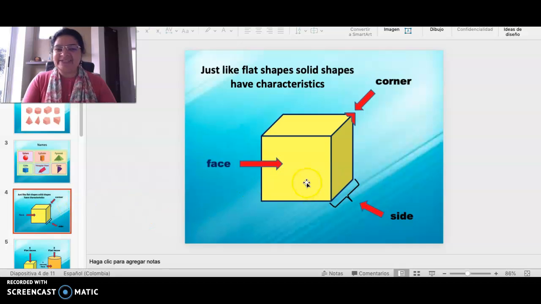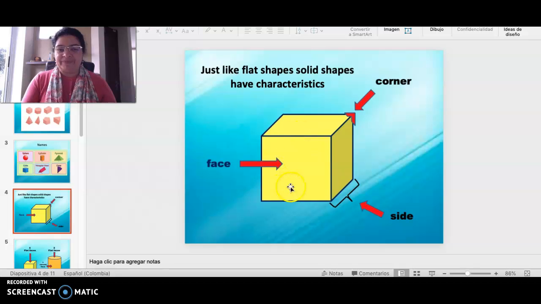Look, this is a cube. And the cube is the combination of different flat shapes. Here, in this case, the cube is the combination of 6 flat shapes. Let's see which are they.